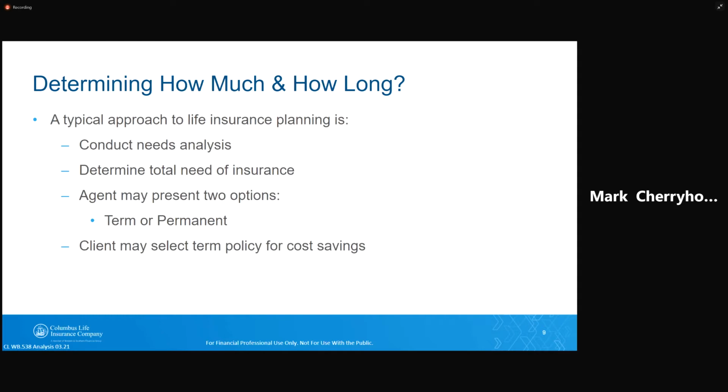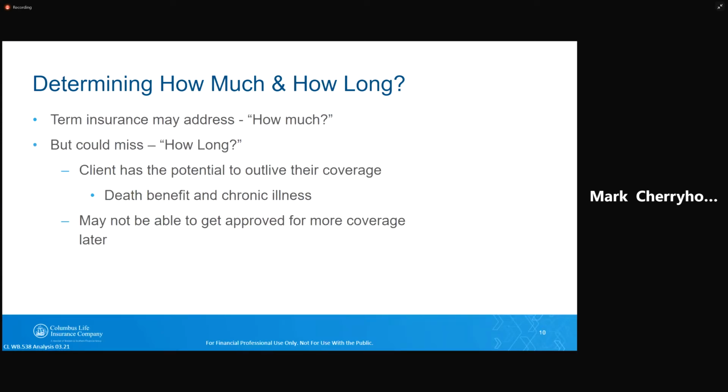And we all know that term insurance is generally less costly than permanent insurance. And that's really, unfortunately, where some clients gravitate to. Our job is to make sure that we're educating them on the difference between permanent and term insurance.